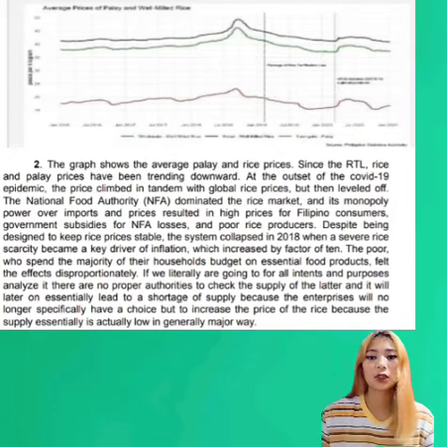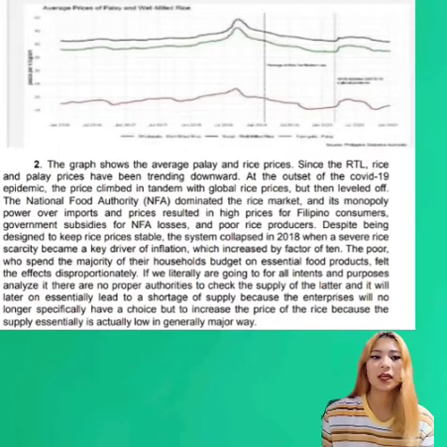The National Food Authority, or NFA, dominated the rice market, and its monopoly power over imports and prices resulted in high prices for Filipino consumers. Government subsidies went to NFA losses and to rice producers.